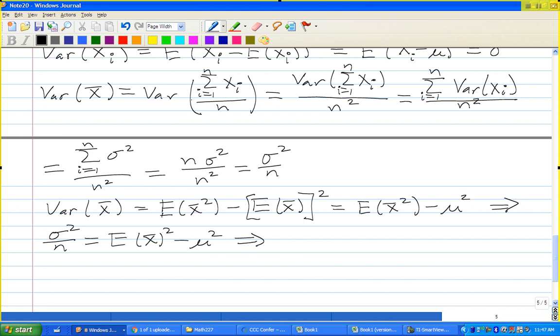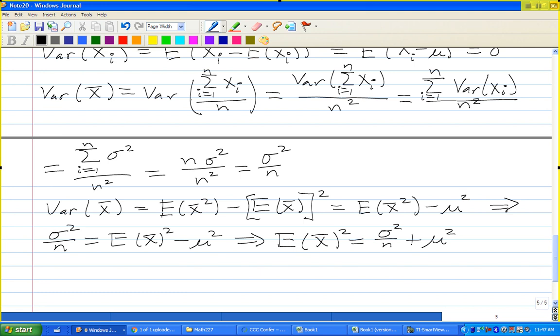And so we have the expected value of x bar squared is sigma squared over n plus mu squared. Okay, so let's keep that.